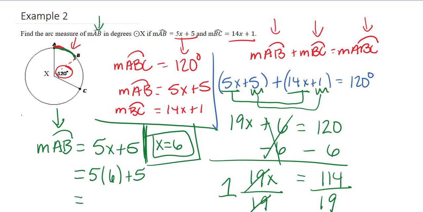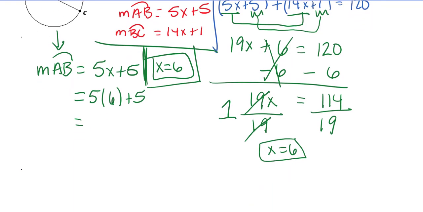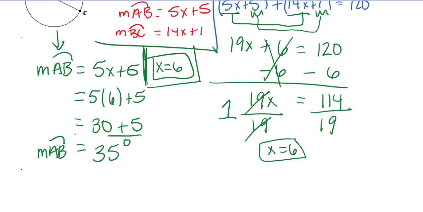We go 5 times 6, which is equal to 30, because we do multiplication before we do addition. Then plus 5. So what do we get? The arc measure of AB is equal to 30 plus 5, so that's 35 degrees.